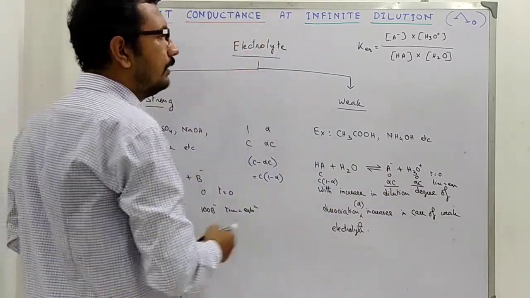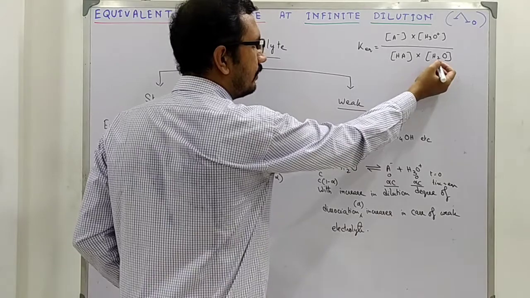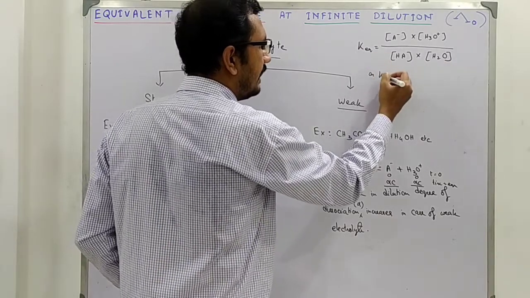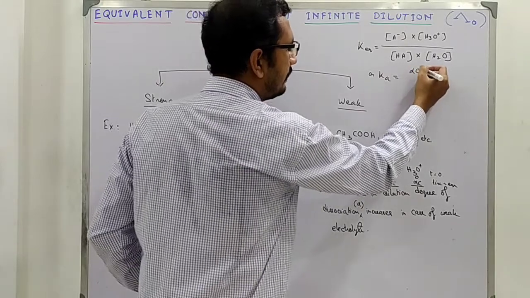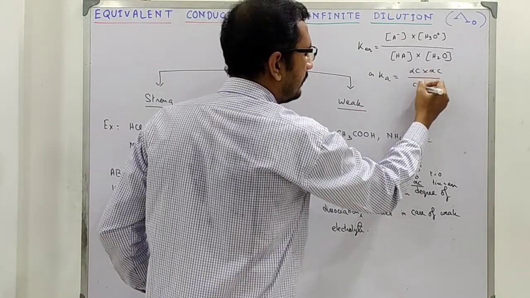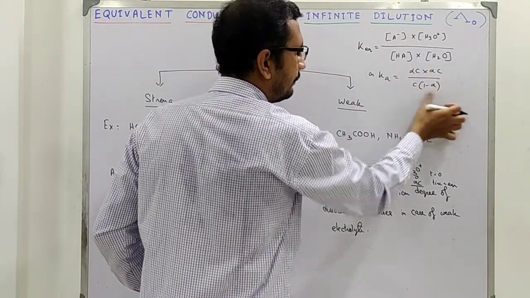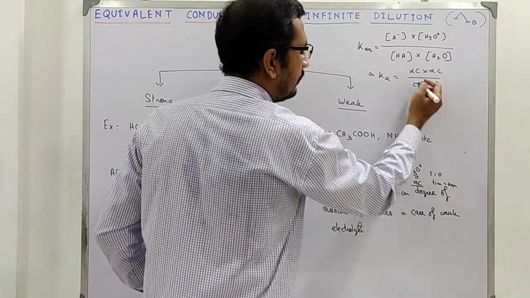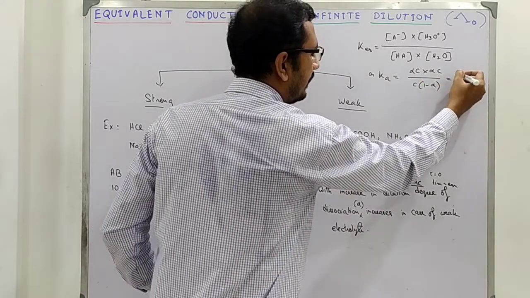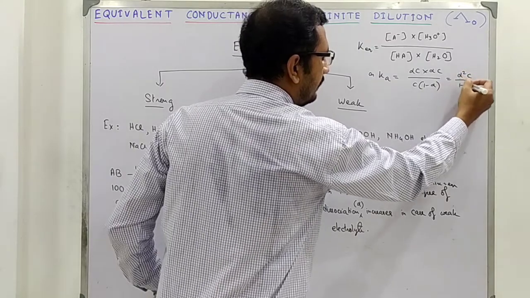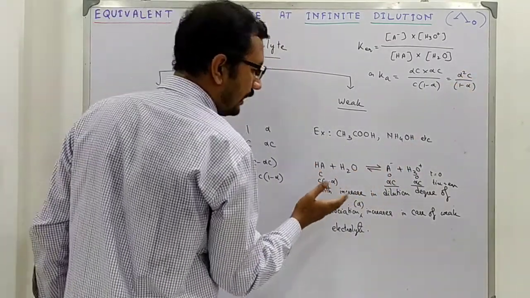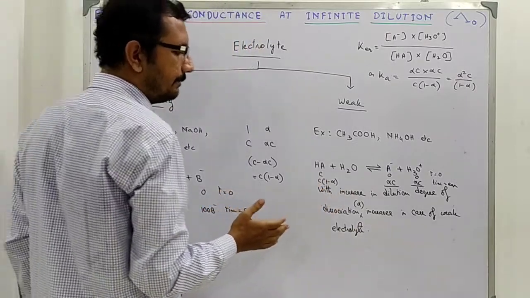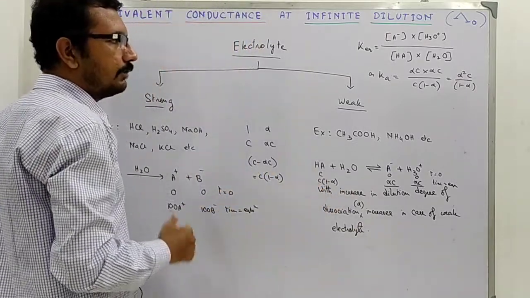Okay. So, we take this constant concentration to the left hand side, and we get the acid dissociation constant, and we put the values here. So, it will be alpha C into alpha C by C into 1 minus alpha. So, this C cancels out, and we have alpha square C by 1 minus alpha. Now, these are weak electrolytes, so they exhibit poor dissociation at moderate concentrations.